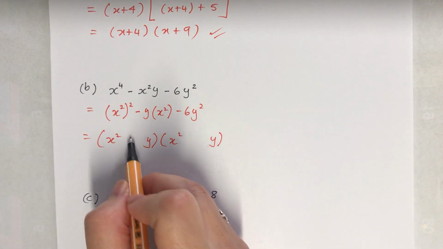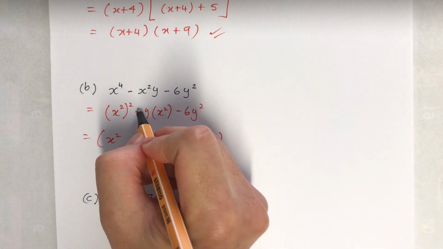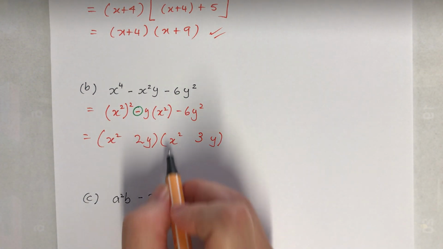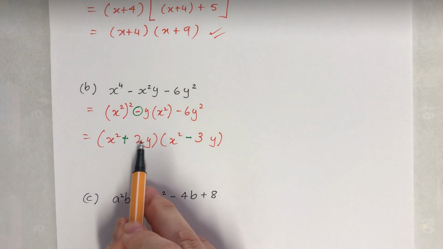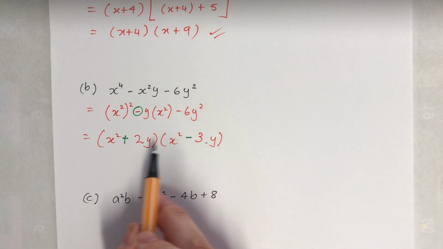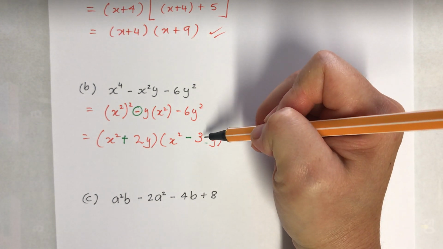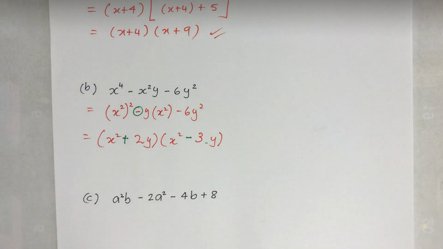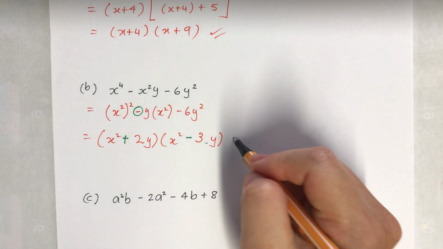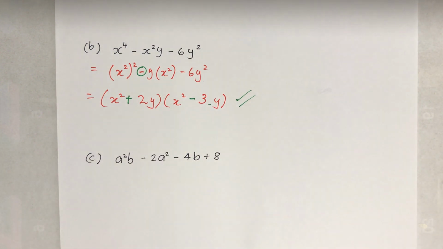That's 2 and 3. So I'm going to write 2 and 3. And because the middle one is negative, the big one will get negative. The small one is that. So when I add this together, I will get minus y. And when I times it, I'll get minus 6 y squared. Okay, so that's done. So be careful what you do there. A bit of thinking is required there.